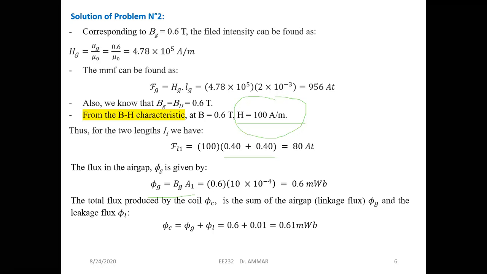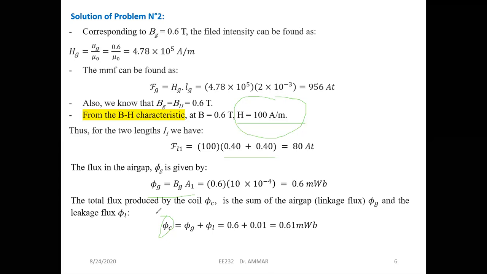The total flux produced by the coil is the sum of the air gap flux, because the fringing is neglected, which is the linkage flux, and the leakage flux. So this one is the total flux produced by the coil.